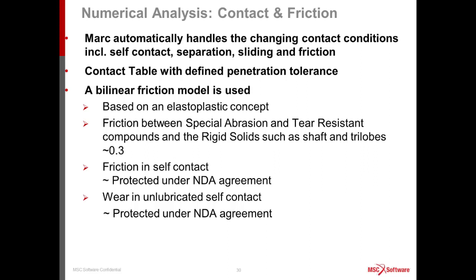We define the friction coefficient between the CV boot and the shaft, and maybe the tri-lobes, as being about 0.3. There is a special friction condition for self-contact, but unfortunately that's covered under an NDA agreement, so we can't release that information. We can also look at wear in unlubricated self-contact, but again, unfortunately, that is also covered under an NDA. But the software is capable of simulating this type of thing.